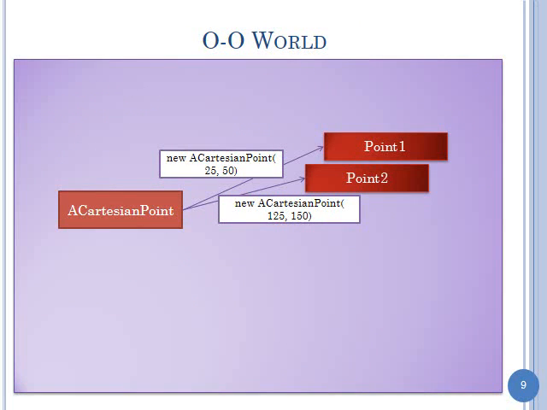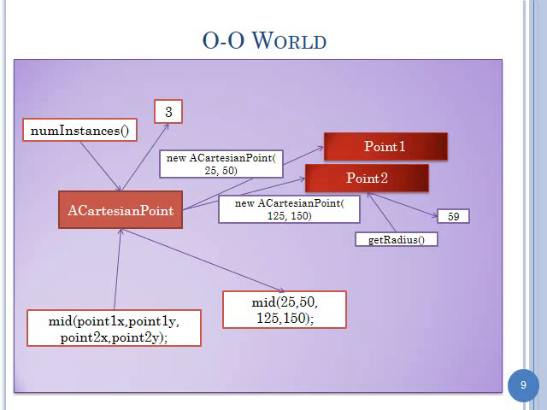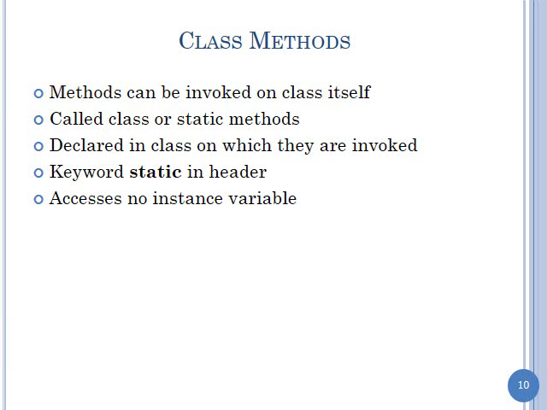Okay. So here, similarly, you can go to a point and say, what's your radius? And you can go to a Cartesian point, which is a factory, and say, hey, give me a mid of 2 points, and so on. Okay. So these things belong to the class, to the factory. And that's, the word static, Smalltalk called it class methods and class variables.